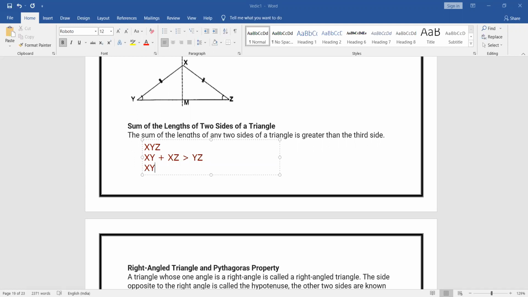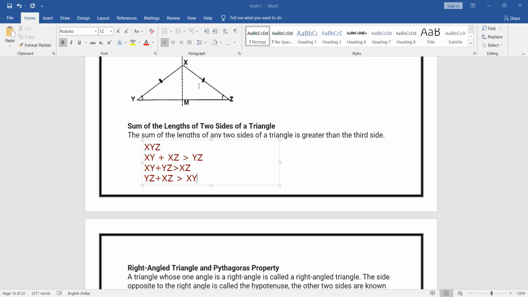You can take any two pair. If you add XY and YZ, it will be greater than XZ. Or if you add YZ with XZ, it will be greater than XY.